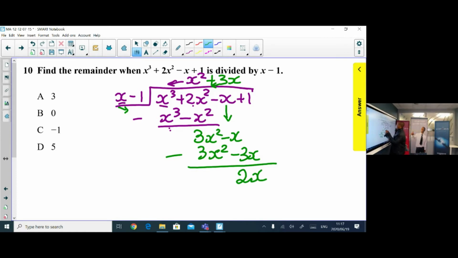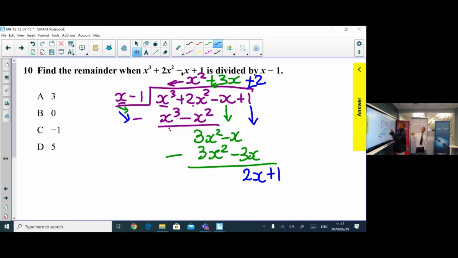Then we bring down this number, and then it gives us what we can put. So if this is 2x from subtraction, then after bringing down the 1, we again divide this into the 2x, and we get just 2.